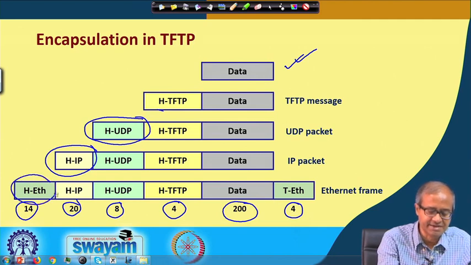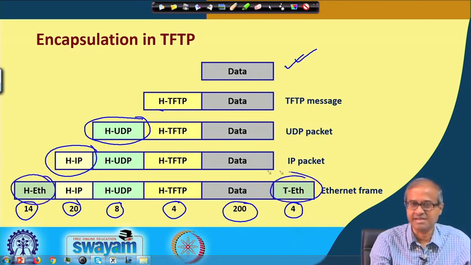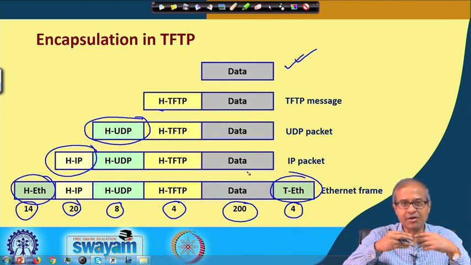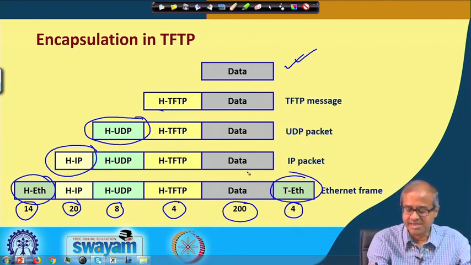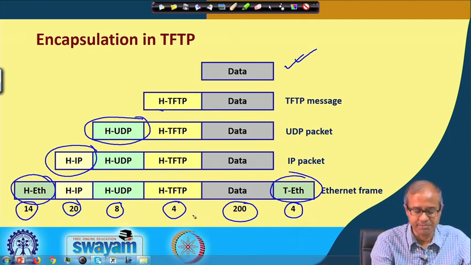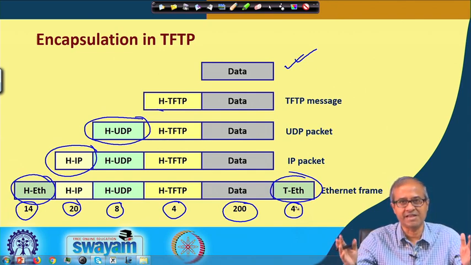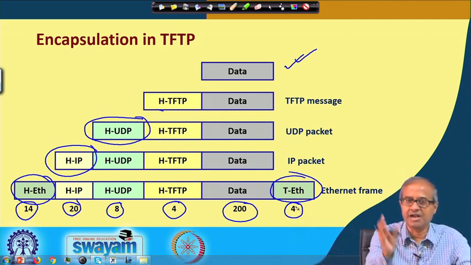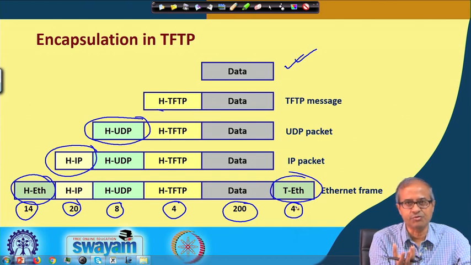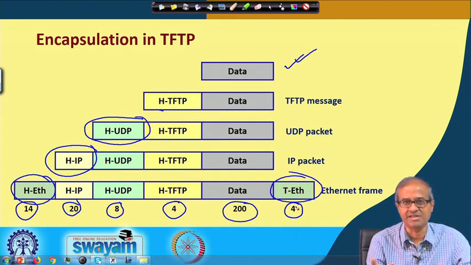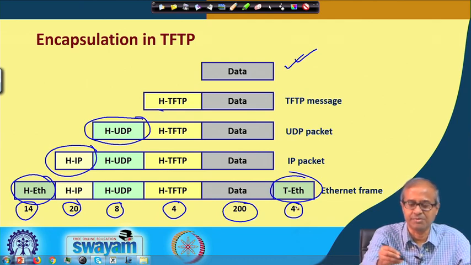A header gets added here, a trailer gets added here. So ultimately in the LAN, whatever data gets transmitted is this whole data. You see how many bytes? 14 plus 20 plus 8 plus 4 plus 200 plus 4. So many bytes of data will finally get transmitted, but ultimately I was trying to transmit only 200 bytes. The remaining things are overhead, networking overhead. This is something you need to remember.